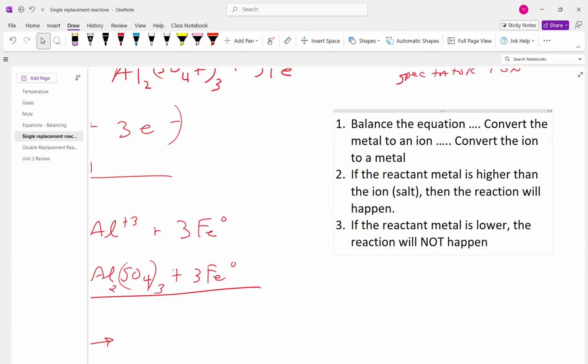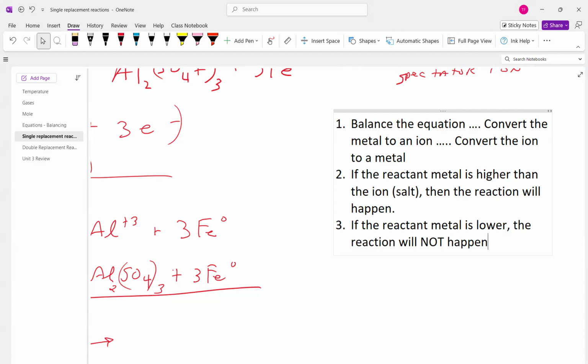So balance the equation. Now to do that, because you're not going to get the results of the reaction, you have to predict what it's going to be. So you convert the metal to an ion, and it'll show you on the activity chart. You convert the ion, I call it a salt, convert the cation to a metal based on the activity chart.